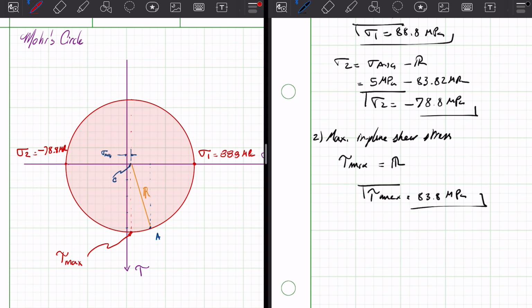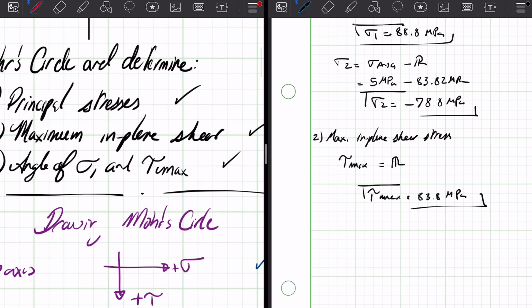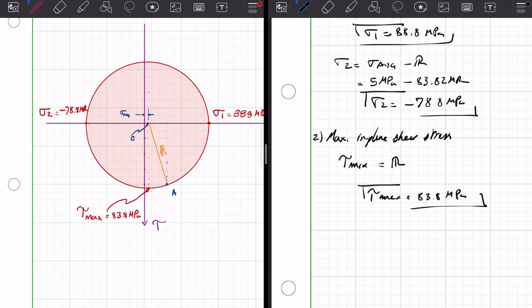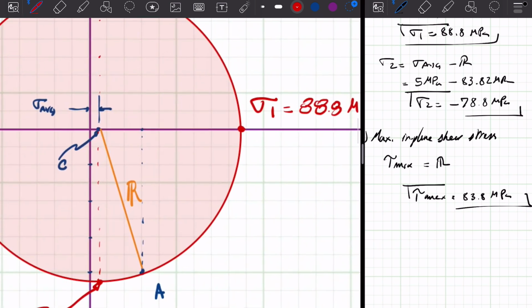Notice that it is positive because of the location that I have here. So this is equal to 83.8 megapascals. The next thing that I have to find, according to my question here, is the angle of the principal stress and the angle of the maximum shear stress. So let's take a look at what we're expecting to see here. I'm going to go ahead and look at the circle and what we're looking for here.